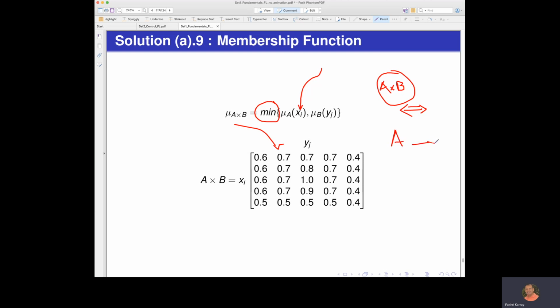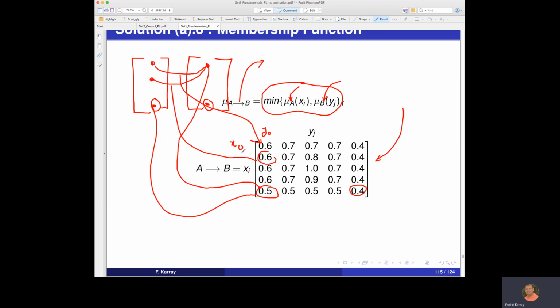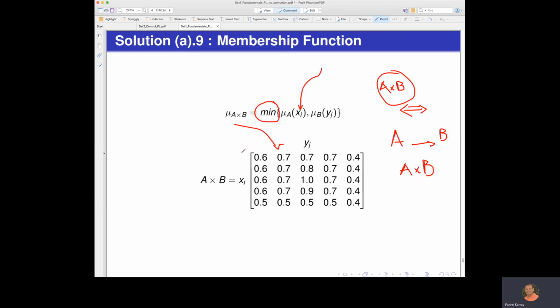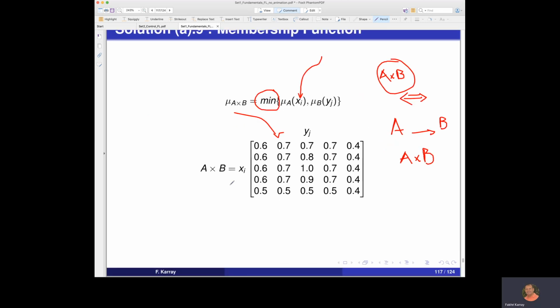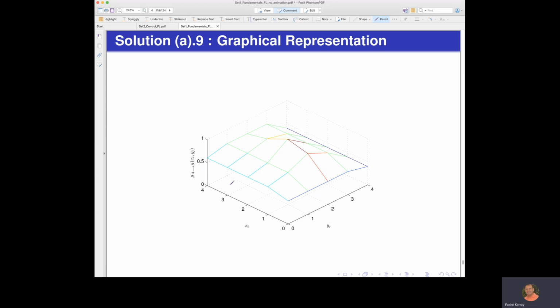Remember, the implication occurs within a Cartesian product of A cross B. So they are the exact same type of operations. So this is the exact same matrix that we have computed a few seconds ago. Okay, so this is the representation, and the representation in the particular form is exactly the same as the earlier relation.